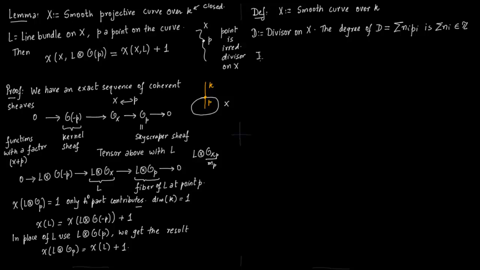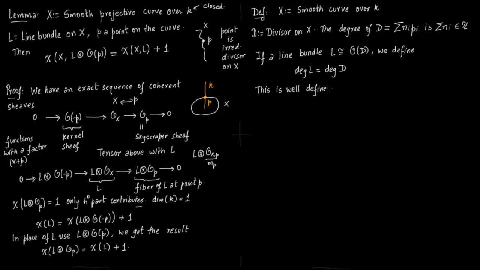Now if the line bundle looks like O of D, then by the lemma we will have, so we define the degree of L, the degree of the line bundle, as the degree of this divisor D, that is, you just sum the coefficients Ni.